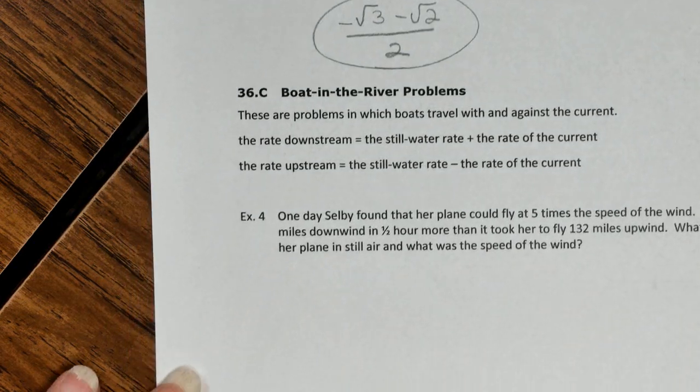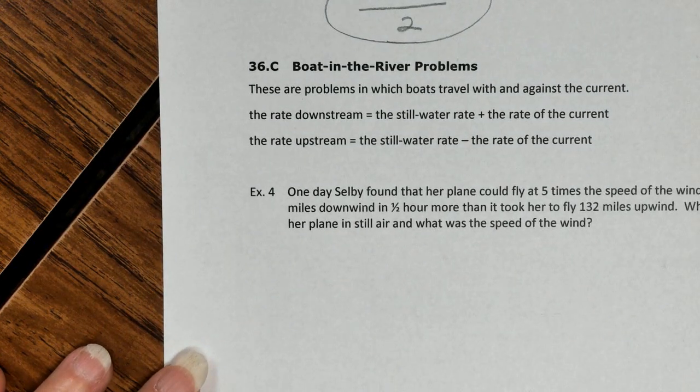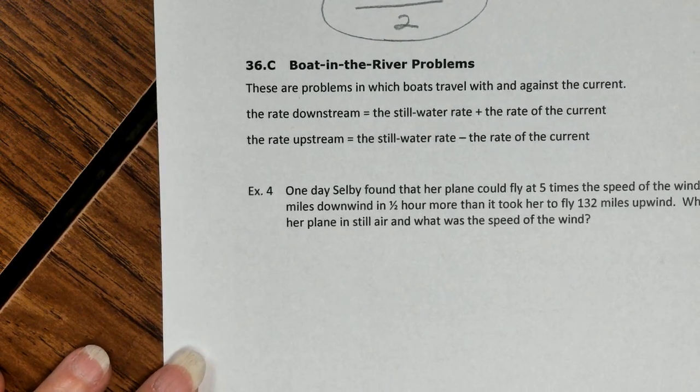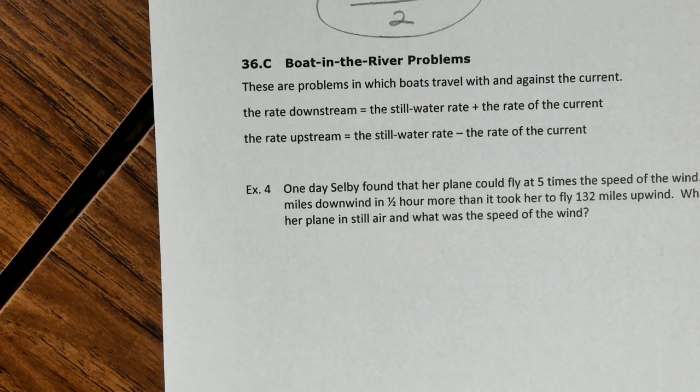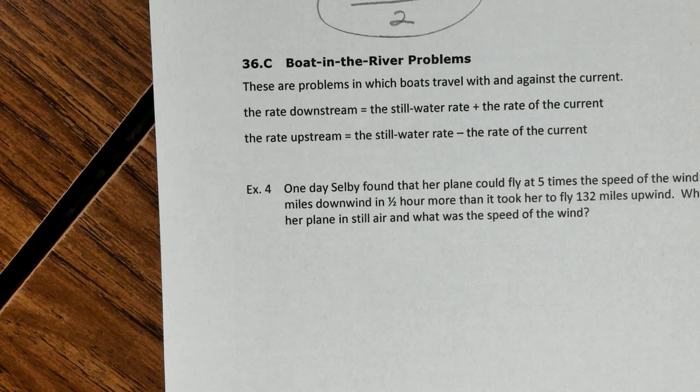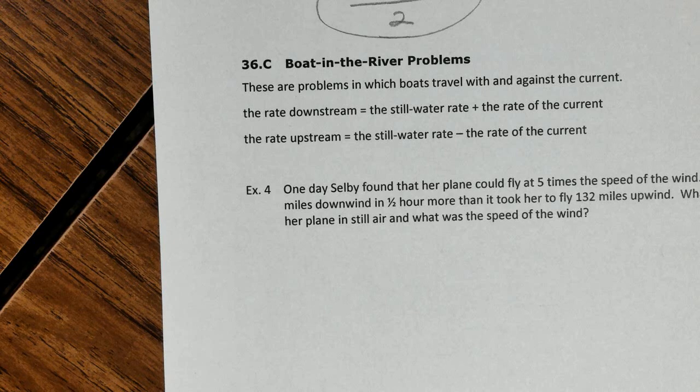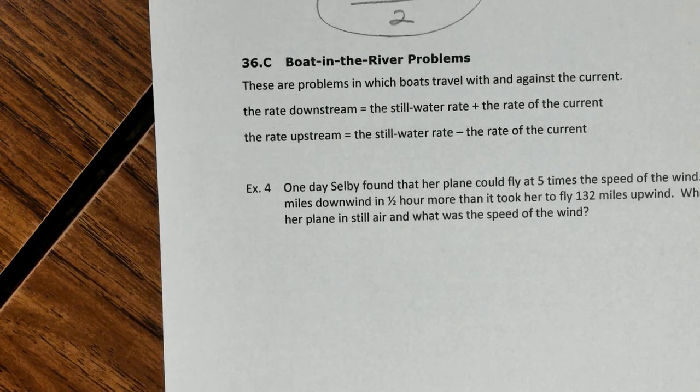Alrighty, now boat in the river problems. These are problems in which boats travel with and against the current, or sometimes it is an airplane and just the air current, like being pushed by the wind or going against the wind.